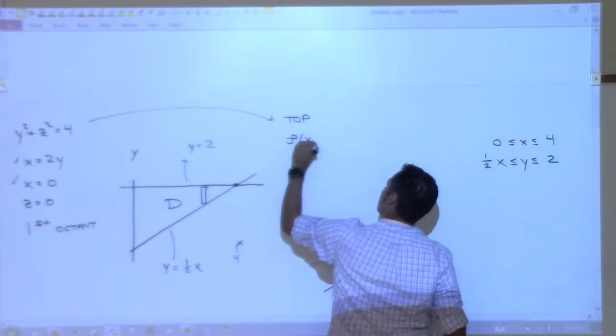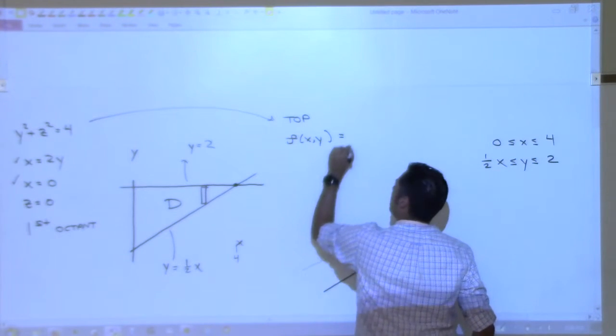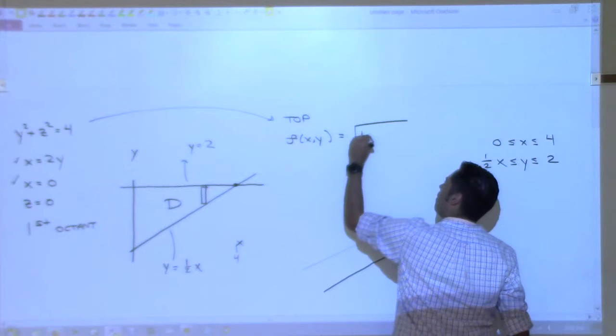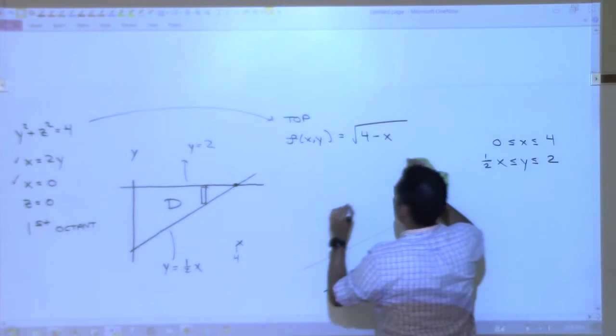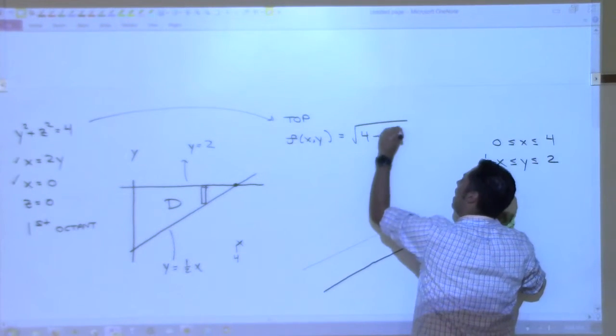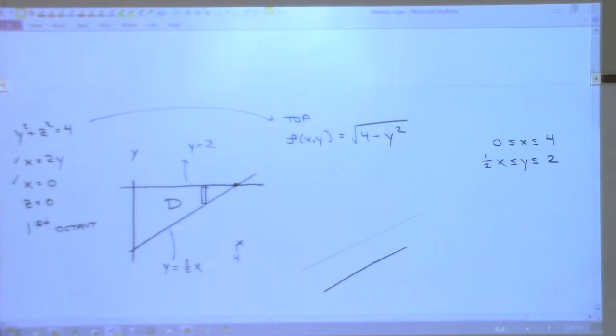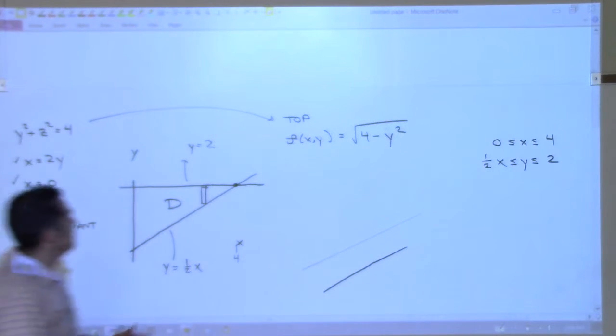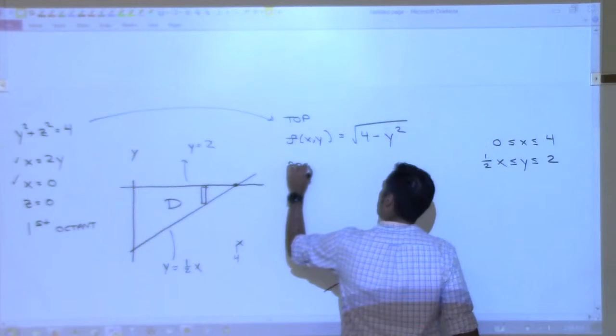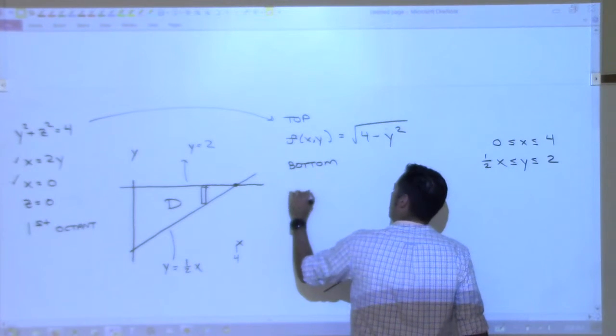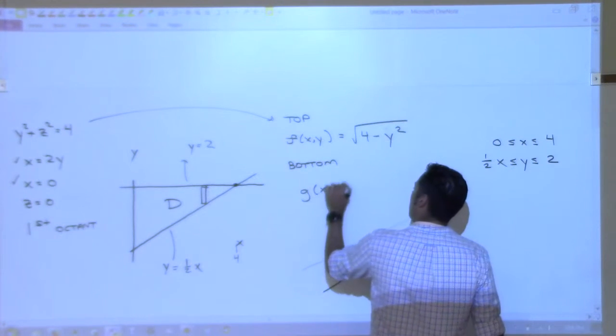As a function of x and y, solve for z, you get square root of 4 minus x, sorry, not x squared, y squared. And why am I not looking at the negative? Because I'm in the first octant, right? I'm on the top. So it has to be that top surface. And then what's the bottom surface? Yeah, it's the plane, the ground, right? Z equals 0.